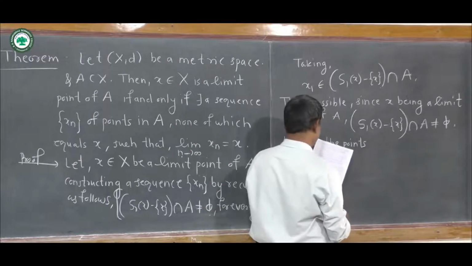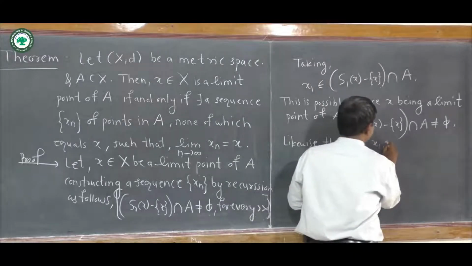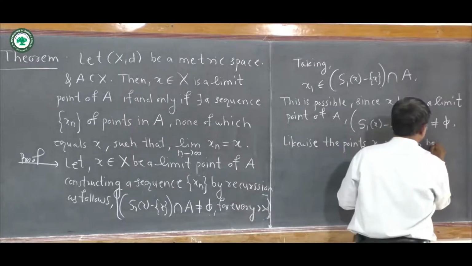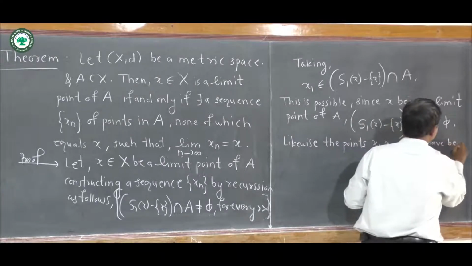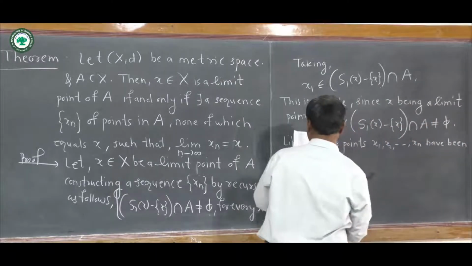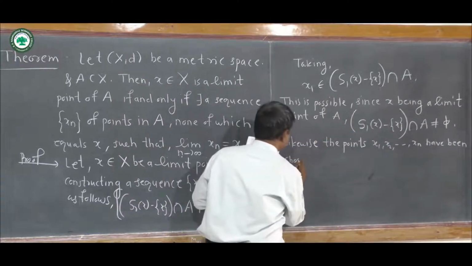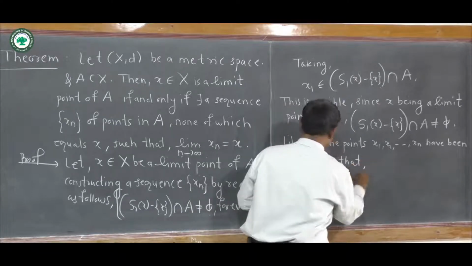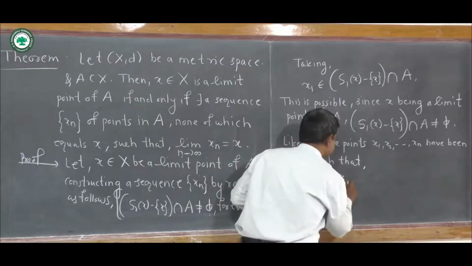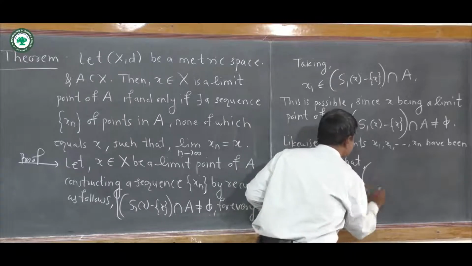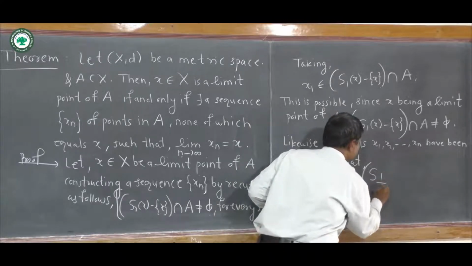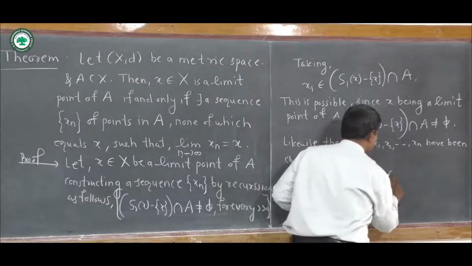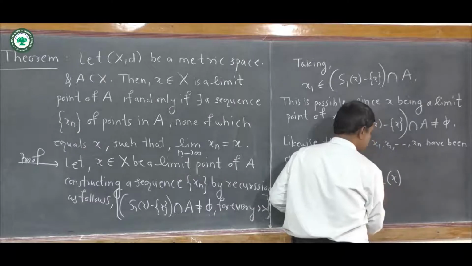Okay, likewise the points x1, x2 and so on xn have been chosen such that xi belongs to now this set, yes, 1 upon i.